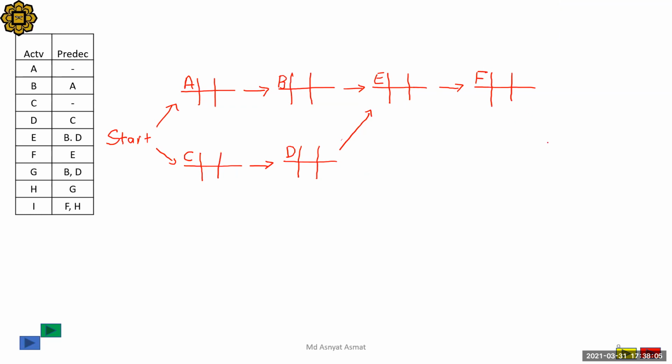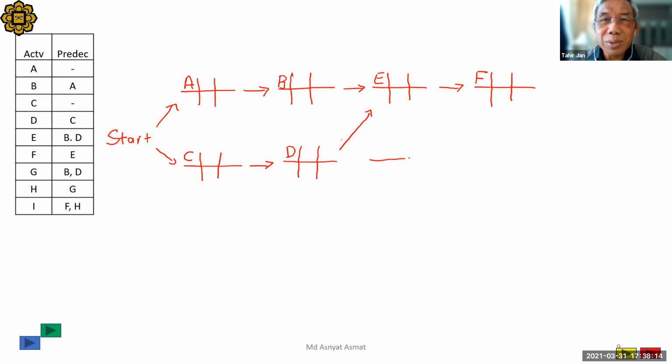Then G is after B and D. So can I put it here so that I can draw after B, after D? Because we need B. G is after B and after D. We have two predecessors.